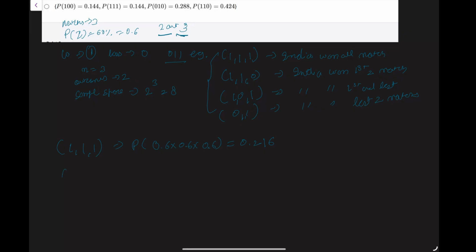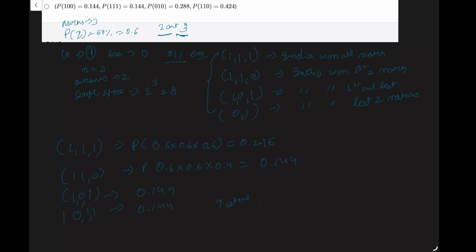Next, India won the first two matches but lost the last one. It's going to be 0.6 times 0.6 times 0.4, again 0.144. The rest are also two-match wins, so 1-0-1 and 0-1-1 will also have 0.144 probability each.